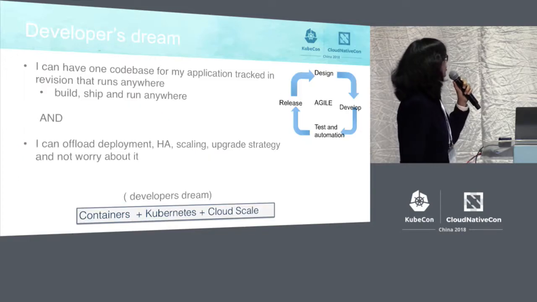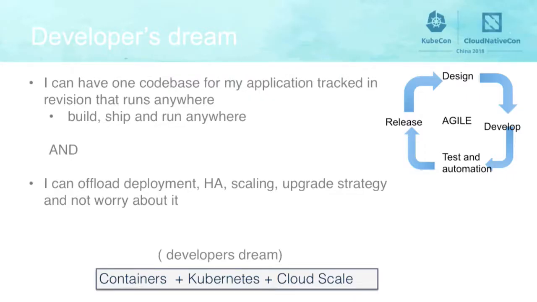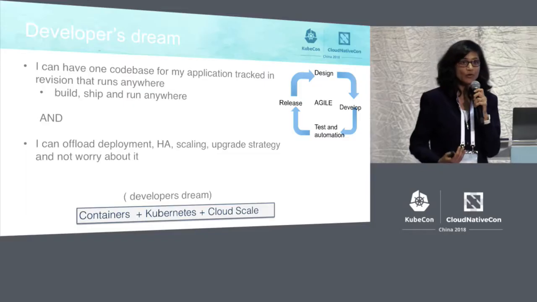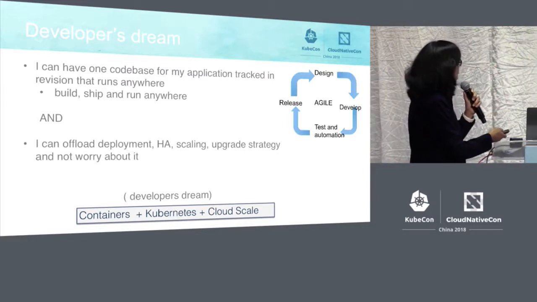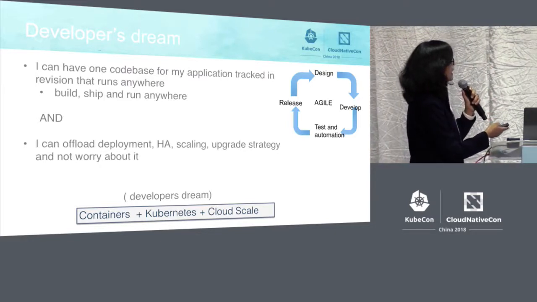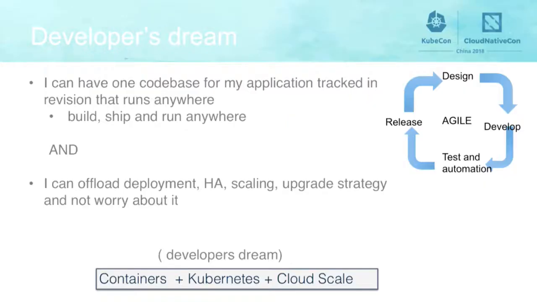Going to the next slide. As a developer, we would really appreciate being left to do our coding and really get to this model right here. I can design, develop, test, and release. And not release per OS, or release per staging, dev, or production environment.